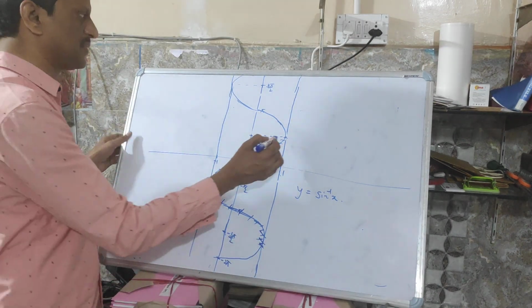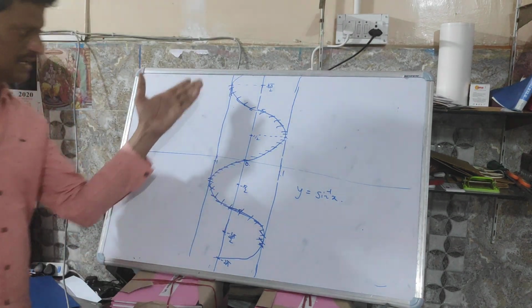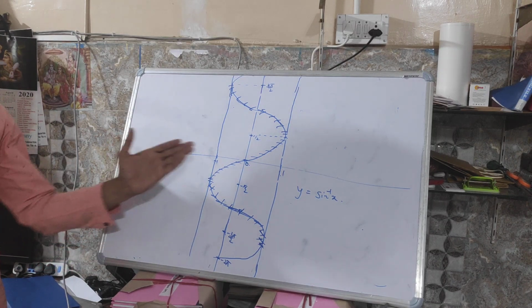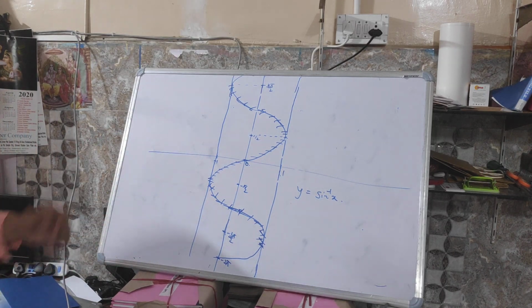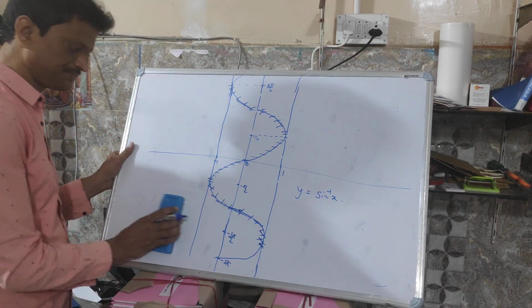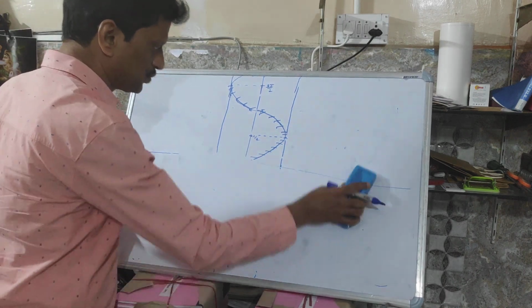And on the upper side, from pi by 2 to 3 pi by 2, the graph will be like this. Like this you will be getting the inverse function graph. By interchanging the coordinate axes you will be getting the inverse of the original function. Clear? So now two things are clear.